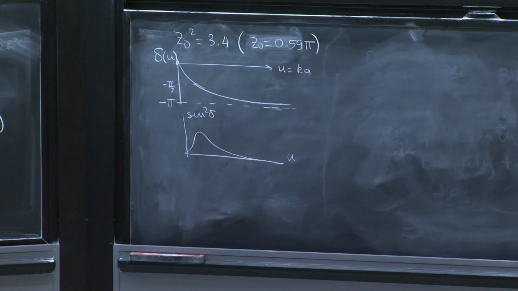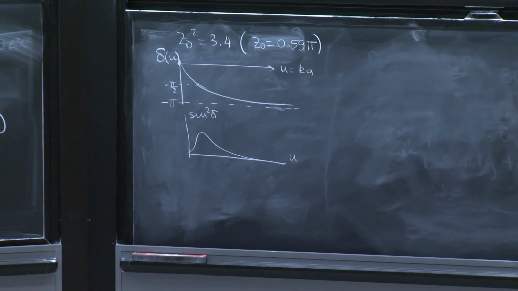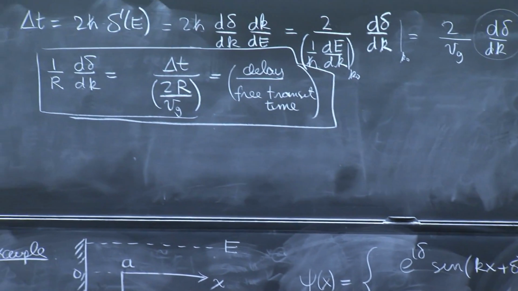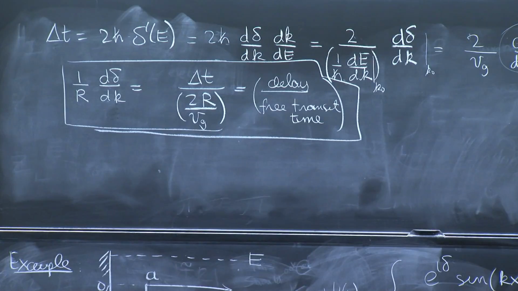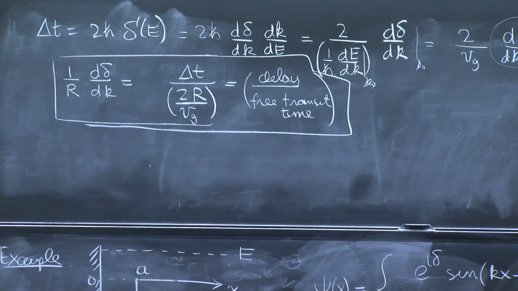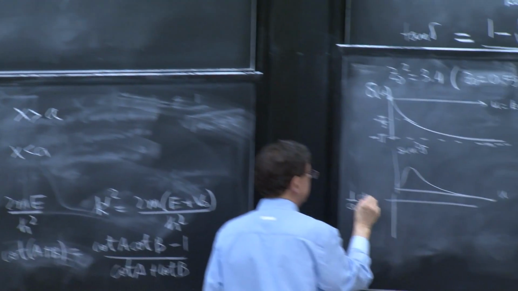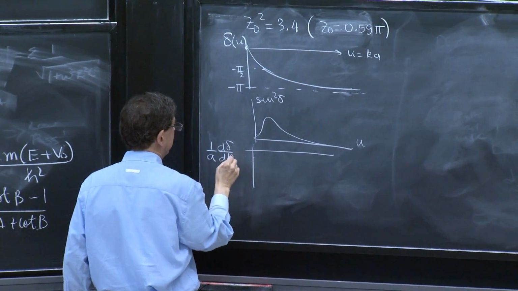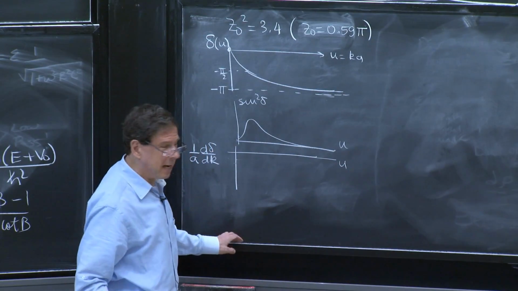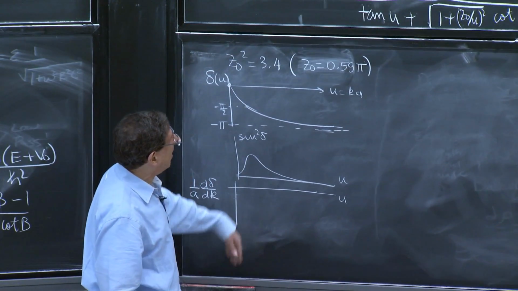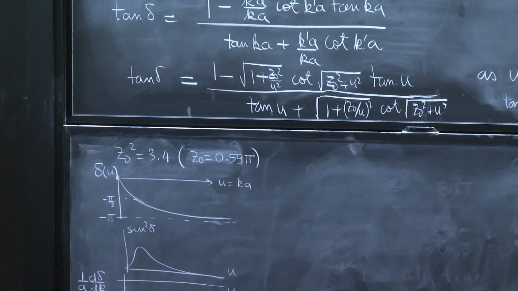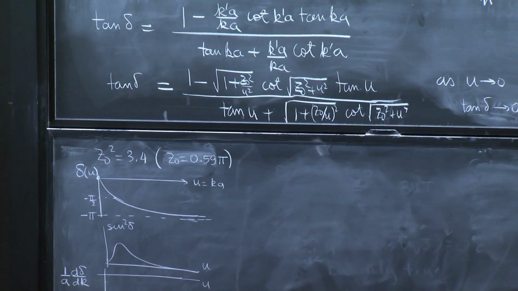Third thing, the delay. The delay is 1 over A d delta dk as a function of U. So that, you can imagine that takes a bit of time, because you would have to find the derivative of delta with respect to U and do all kinds of operations.